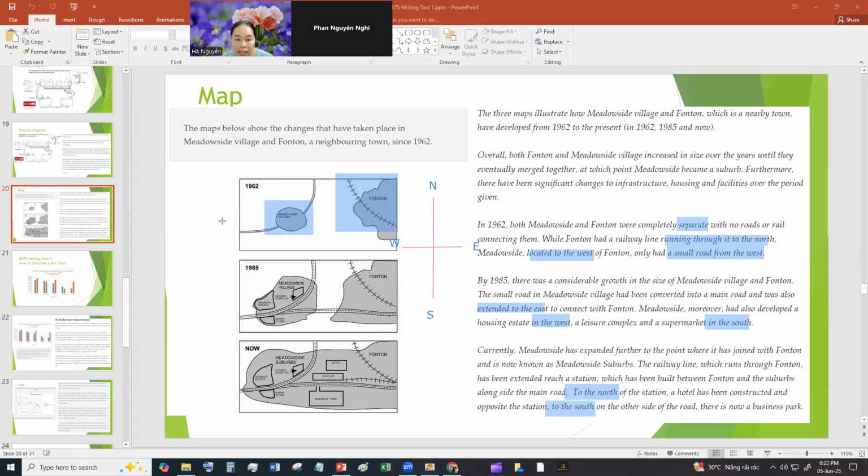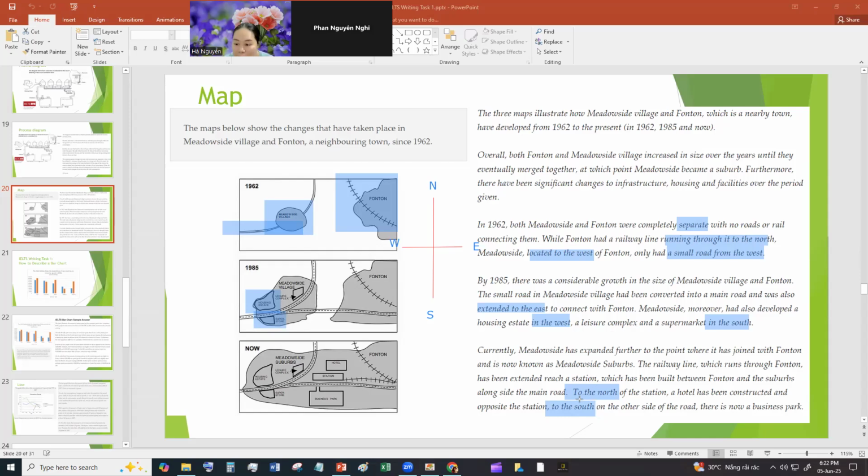Now, from the west is describing this road approaching Meadow Village from the west.